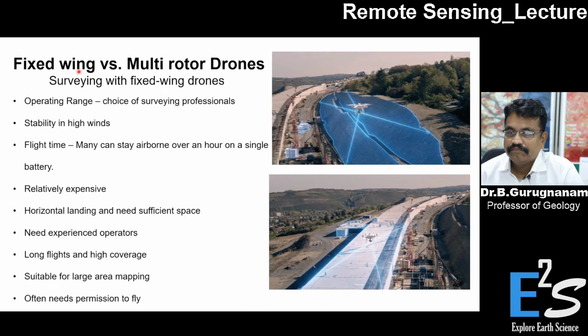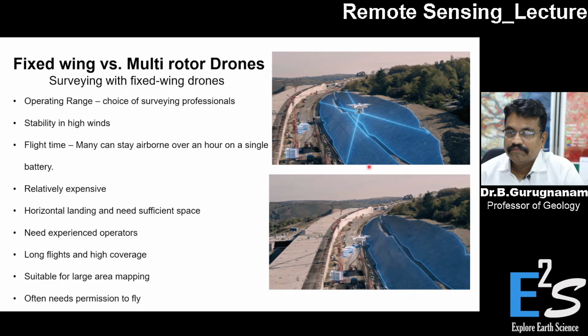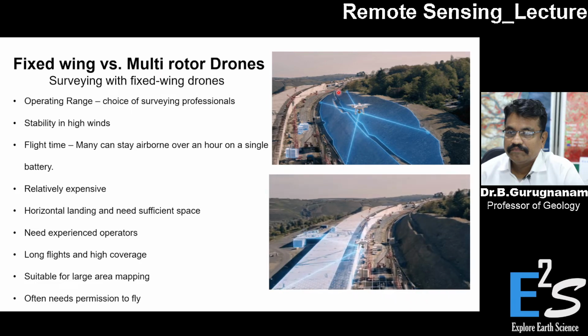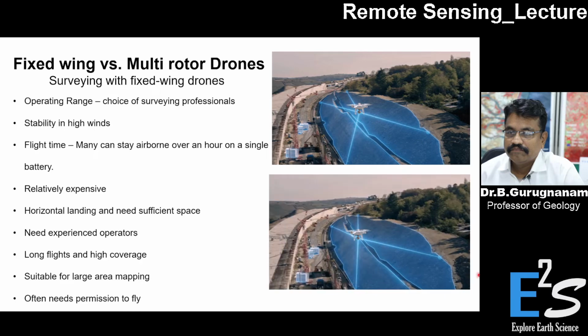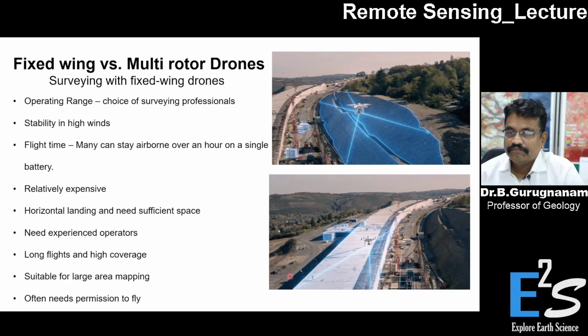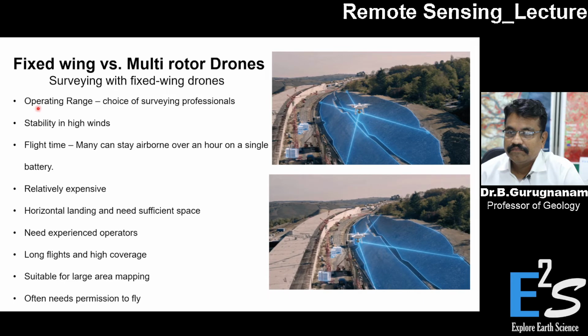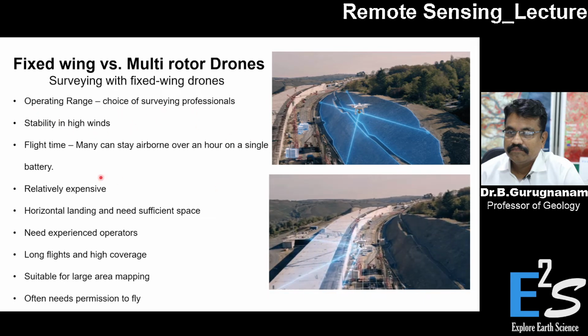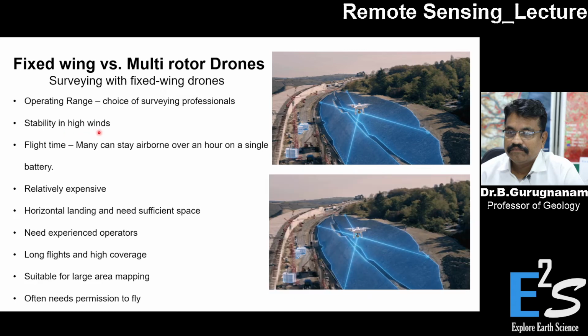Fixed wing and multi-rotor drones are taking images. You look at how it takes images from all corners and then moves from here to here and takes the other scene. It is the choice of surveying professionals, normally used for its stability in high winds.